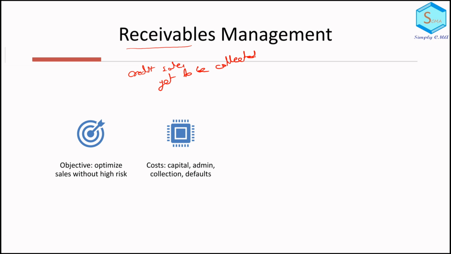Its cost is capital blocked, admin cost, collection cost, and other costs related to collection.